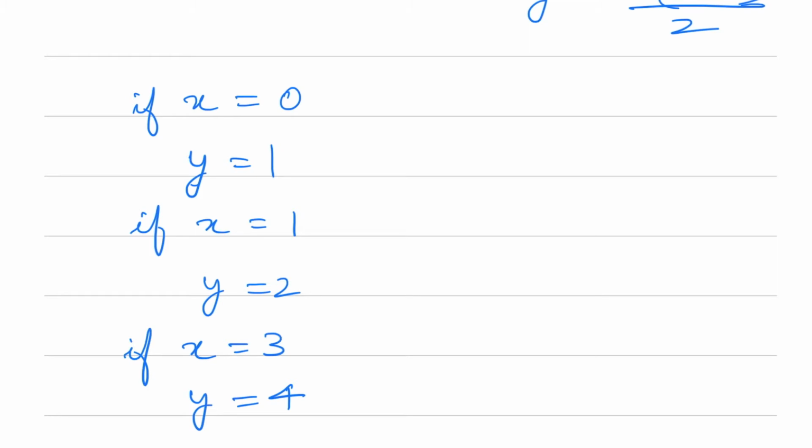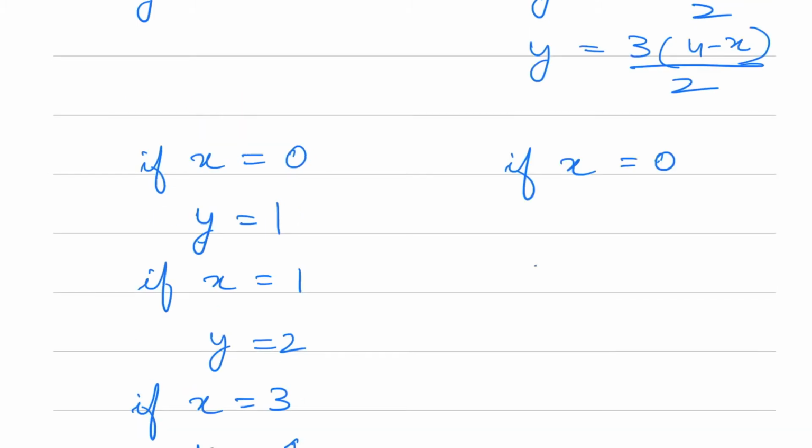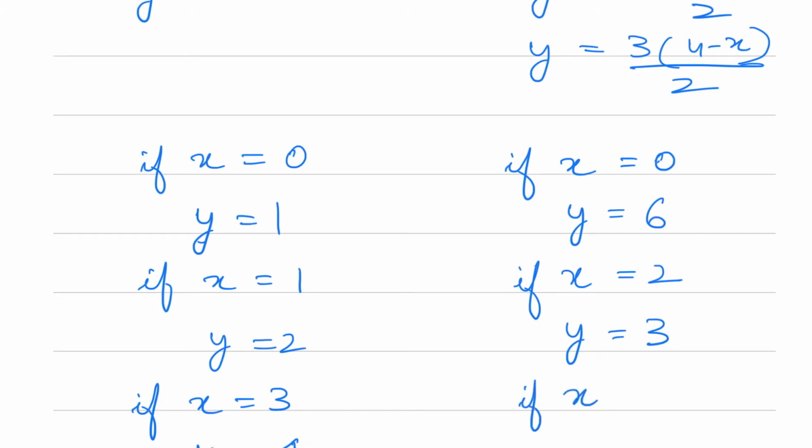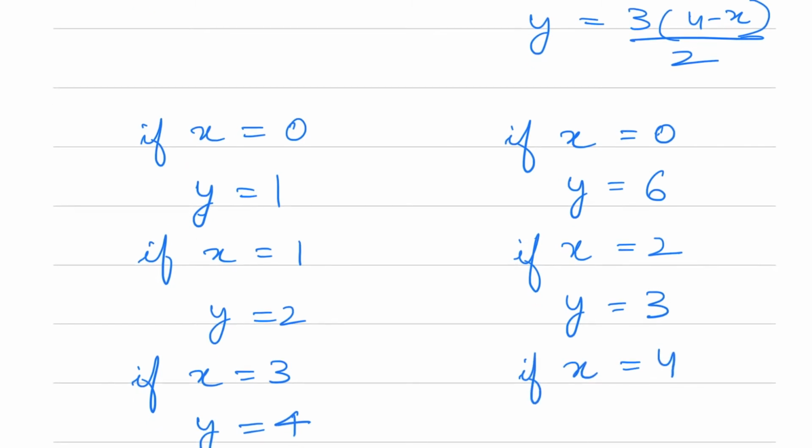Now for this equation, if x is equal to 0, then y is equal to 4 minus 0, so this will be 4, and 2 will be cancelled, so 6. And if x is equal to 2, then y is equal to 2 will get cancelled, so 3. And if x is equal to 4, then this will become 0 and y will be equal to 0.